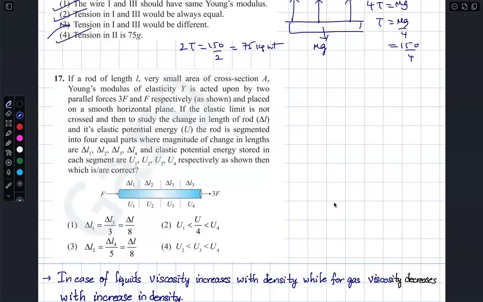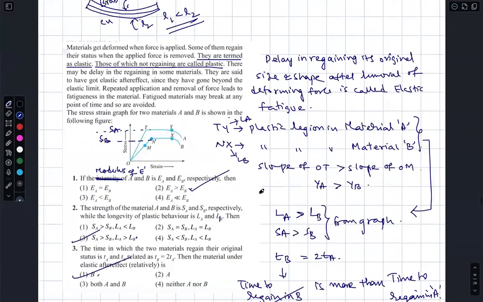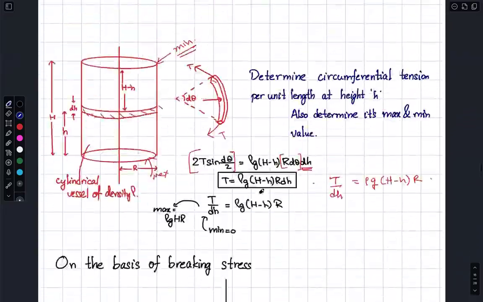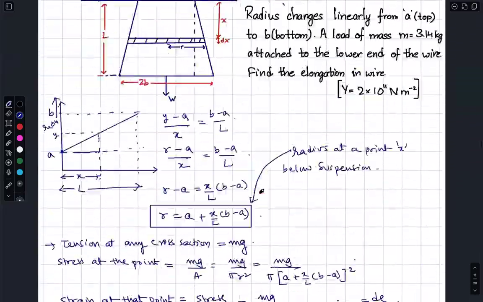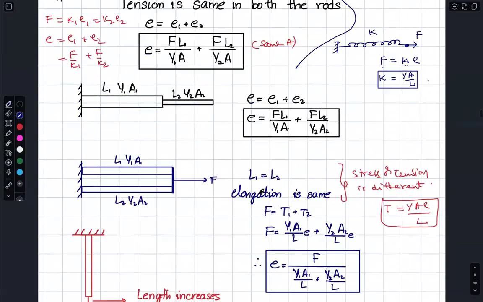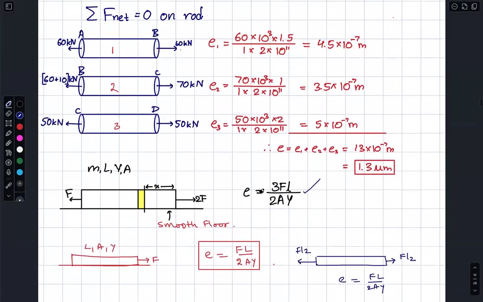Only then you can write this properly. It can be done. We'll do it tomorrow. No issues. Good question. This question needs to be done something like this. I'll show you. Like this. Piecewise, you need to work.